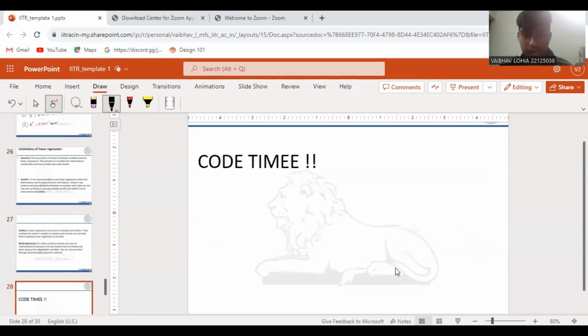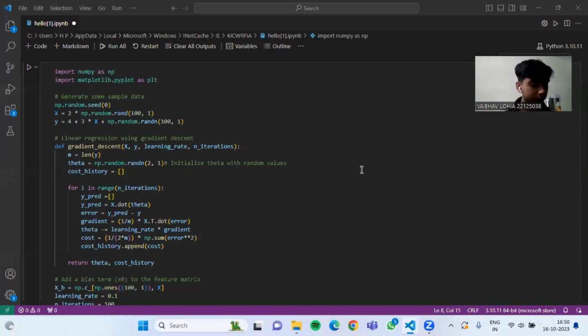Now we see a code in which I have predicted house prices in accordance with the input. Let me show you the code related to gradient descent.